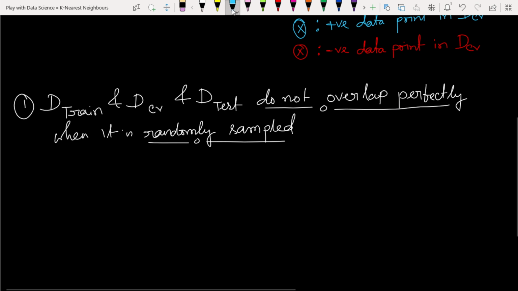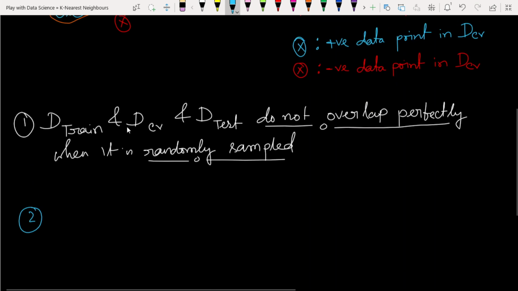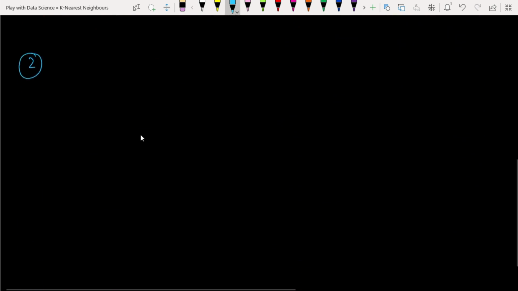Now let's see the second thing. We have seen that if there are many positive points from D train data in a region, suppose we see this region, let's write it down first.